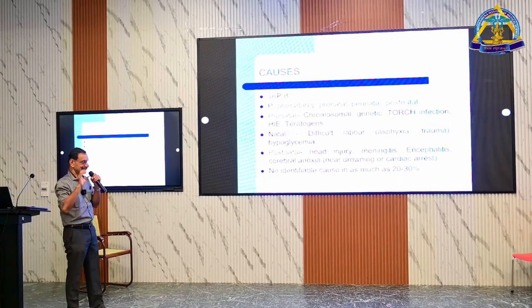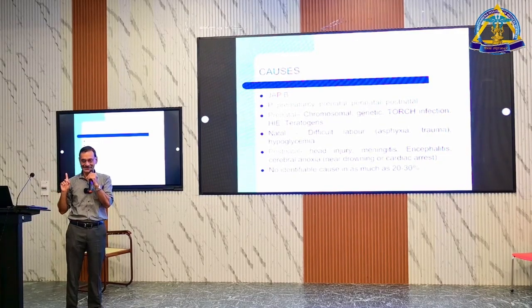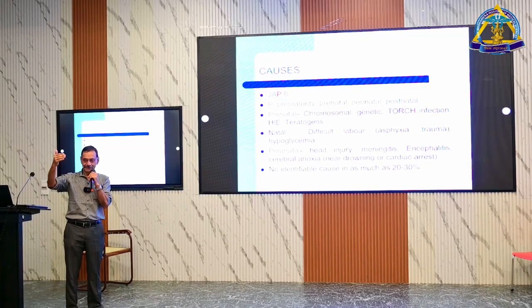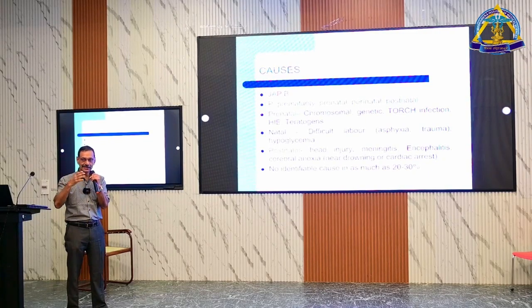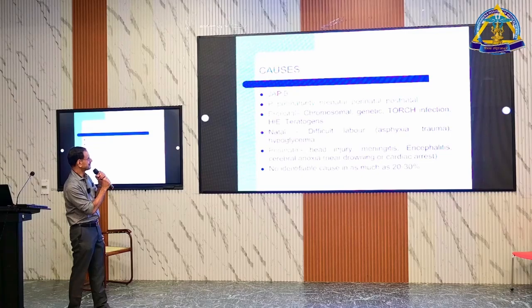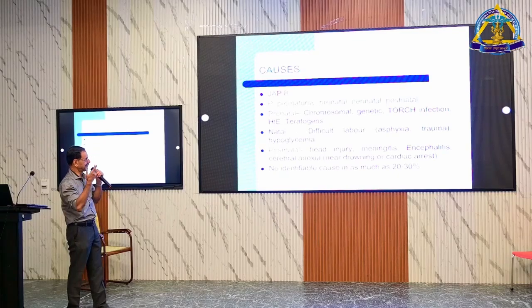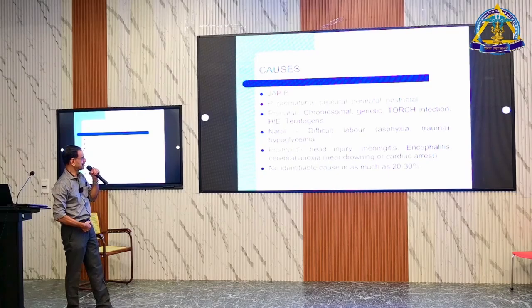So JAB-B is the term, right? Of which P is the most important. Prematurity, and then you think of prenatal causes, perinatal causes, and postnatal causes. Prenatal means it could be a chromosomal anomaly, or it could be genetic, maybe they have had TORCH infection in utero.